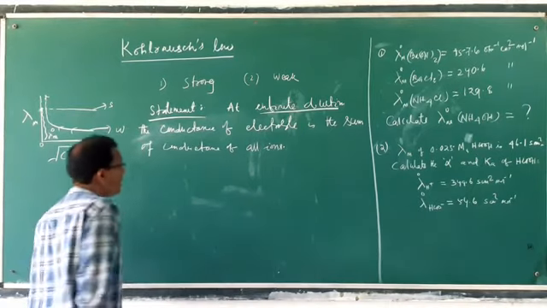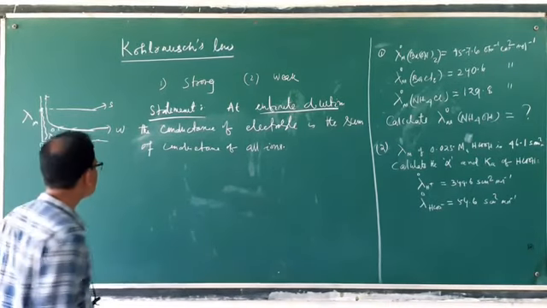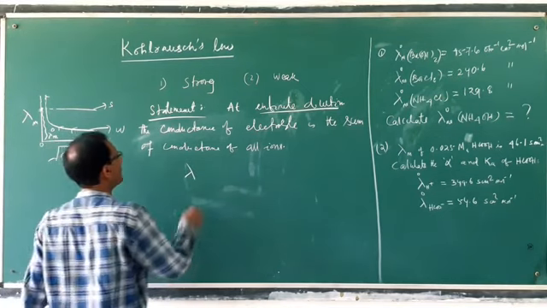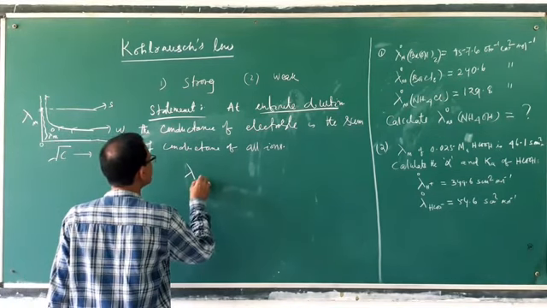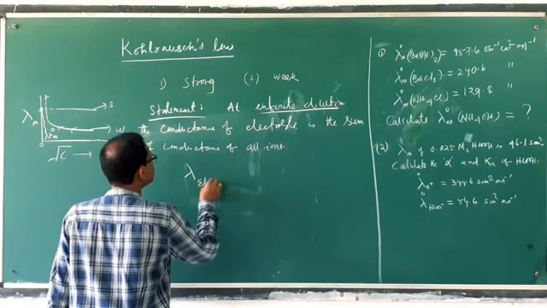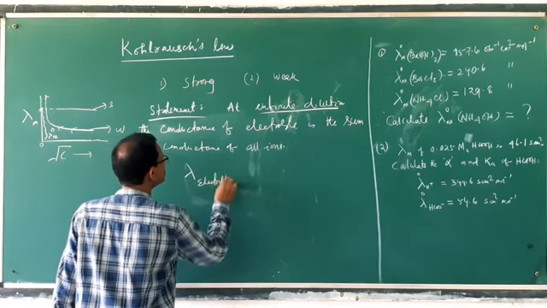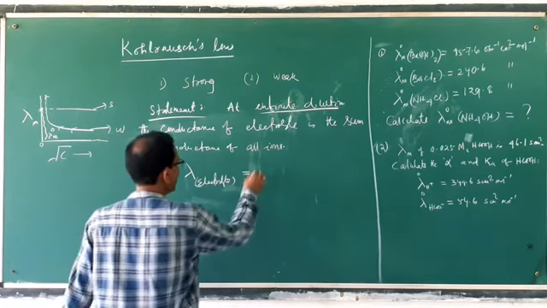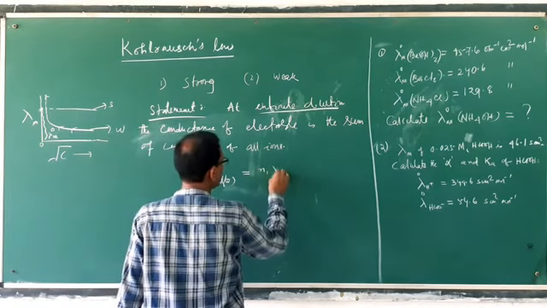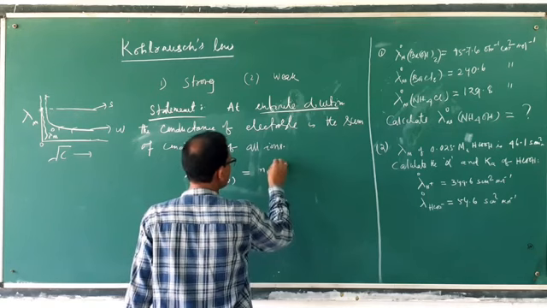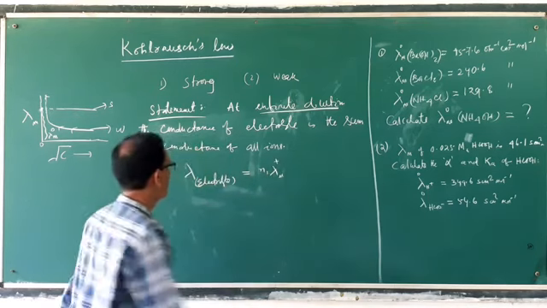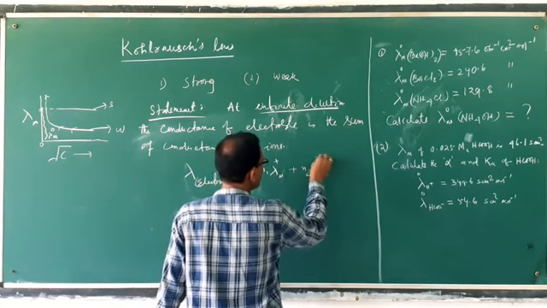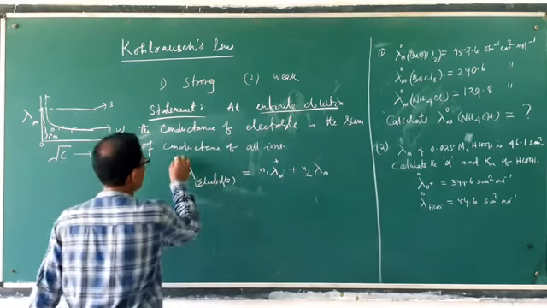So mathematically it can be written as lambda of any electrolyte is equal to N1 into lambda m plus, plus N2 lambda m minus.